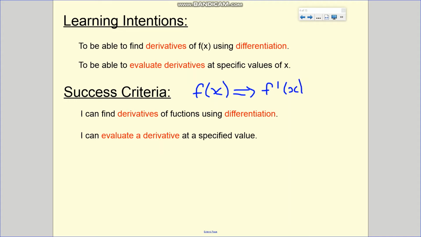As you progress further through mathematics, you find that you can do several differentiations of each function. So you could have f double dashed of x if you differentiate twice, or f triple dashed of x if you differentiate 3 times as well. But for now, in Higher, we're focusing on just one differentiation.